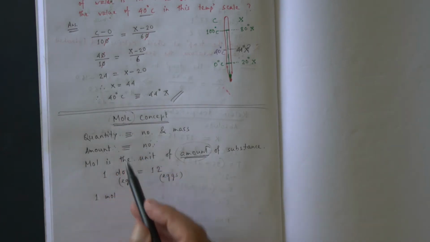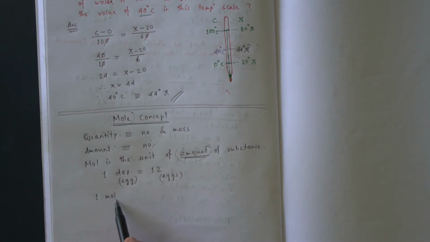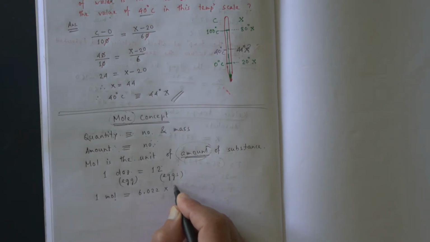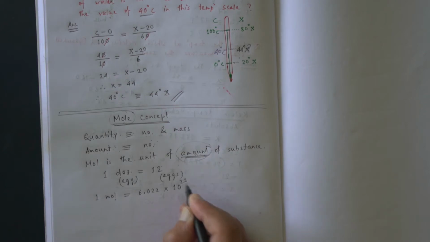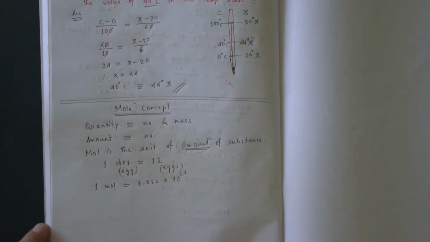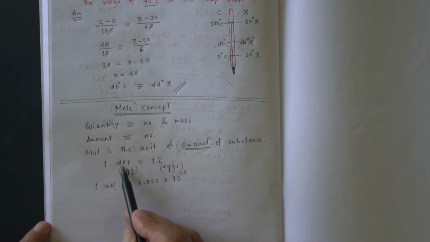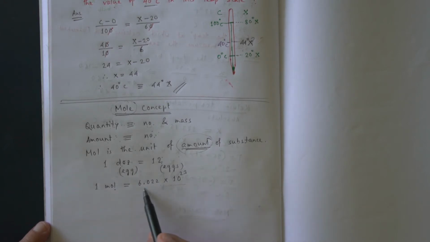Now this is the spelling of mole, but in short we write like this. So 1 mole means this much. Just like 12 pens will make 1 dozen pen, similarly this much pens will make 1 mole pen.